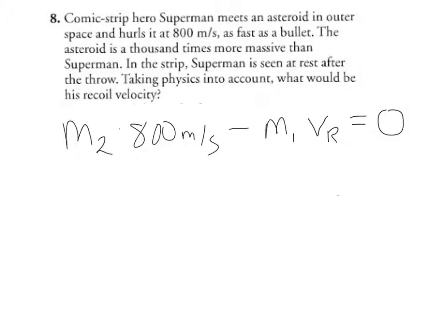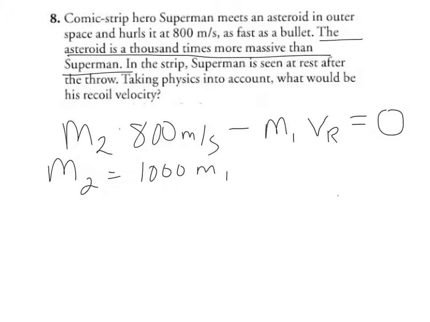All right, so we still have too many variables here, but they give us another piece of information. They say that the asteroid is 1,000 times more massive than Superman. Okay, so M2 equals 1,000 M1.